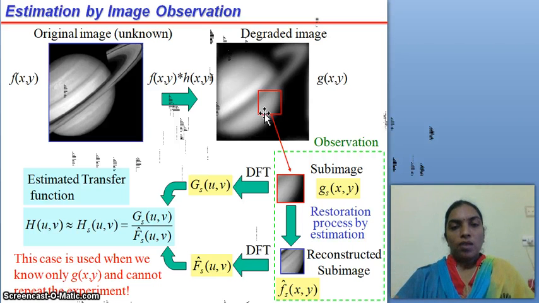The user or observer can easily conclude this, right? There is a certain problem. So this is the degraded image. I don't know this image actually, but I am expecting this one.